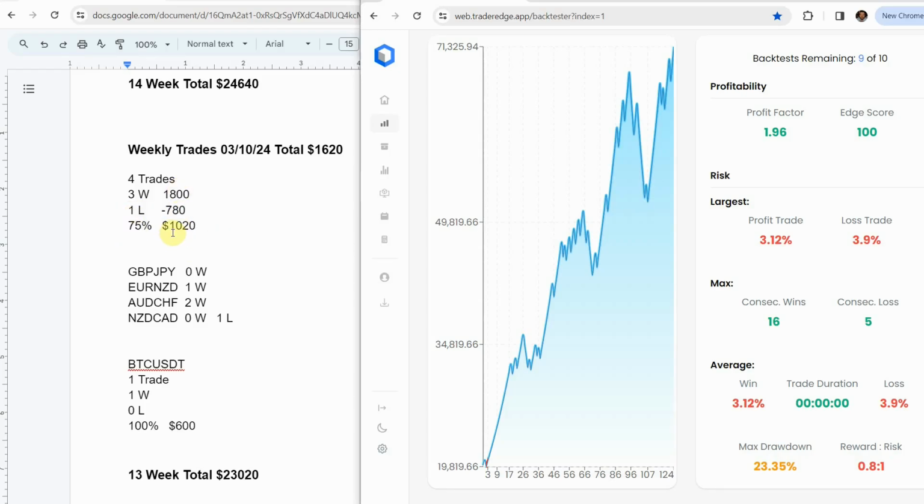Would have been a gain of $1,020. The crypto coin, we had 1 trade, 1 winning trade, a 100% win rate, would have been a gain of $600. Altogether for the week, we would have been up $1,620. Add that to our weekly total at 14 weeks now, we would have been at $24,640 in profit. And so here's a graph keeping track of the trades.